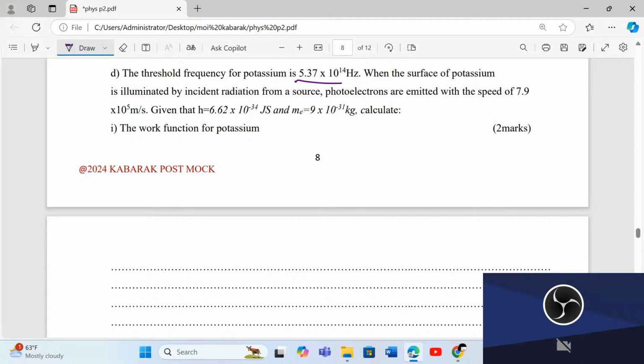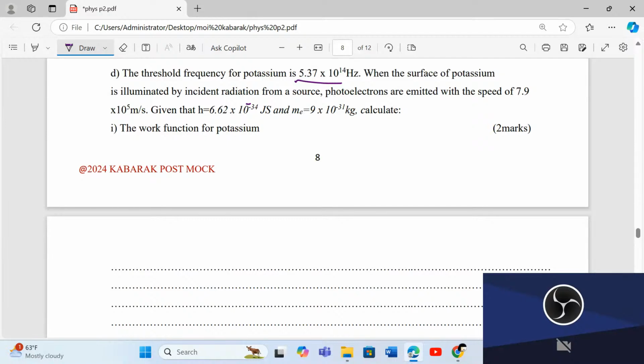Given that Planck's constant is equal to 6.62 times 10 raised to power negative 34 joule seconds, and the mass of electron is 9 times 10 raised to power negative 31, calculate the work function of potassium.